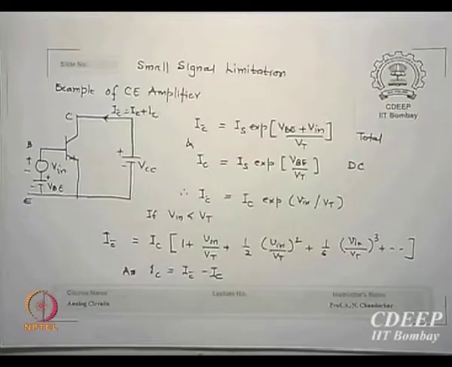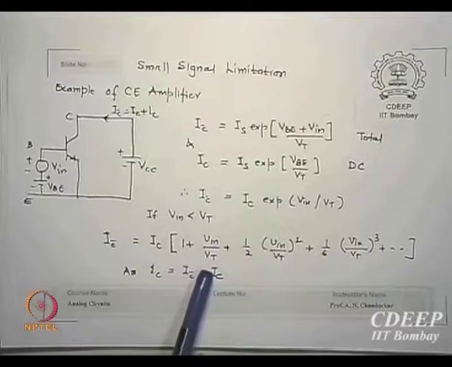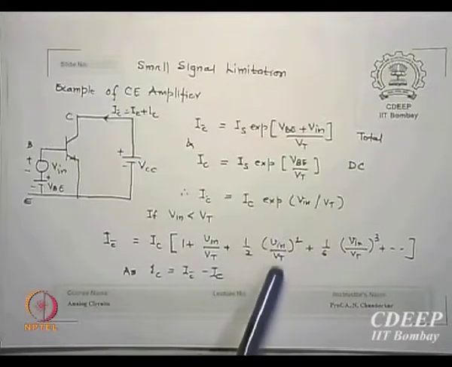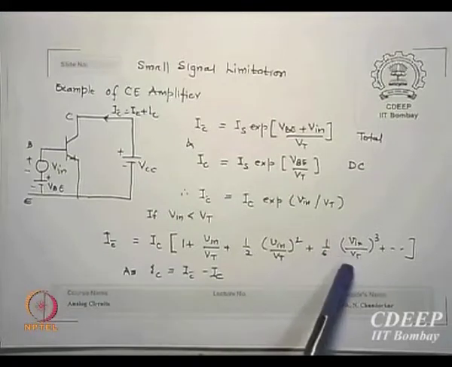What is the way an exponential function is expanded? 1 plus x plus 1 over factorial 2 x squared plus 1 over factorial 3 x cubed and so on. So if I expand this term, I get 1 plus Vin by VT, plus half of (Vin by VT) squared, plus, factorial 3 meaning 6, 1 by 6 (Vin by VT) cubed, plus so on and so forth, higher terms.